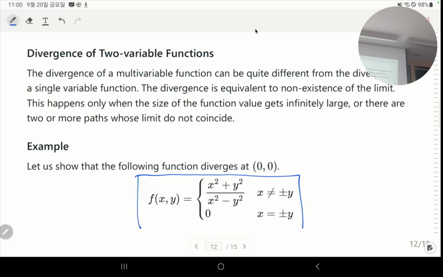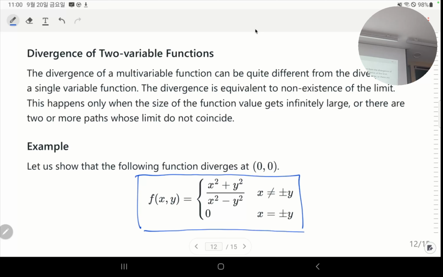So let's look at this example. If I want to show that this function is diverging at (0, 0), what it means is that I need to know where the function value approaches when I move my (x, y) near (0, 0). It's a weird function because if I took this formula only, it's not defined when x has the same absolute value as y.